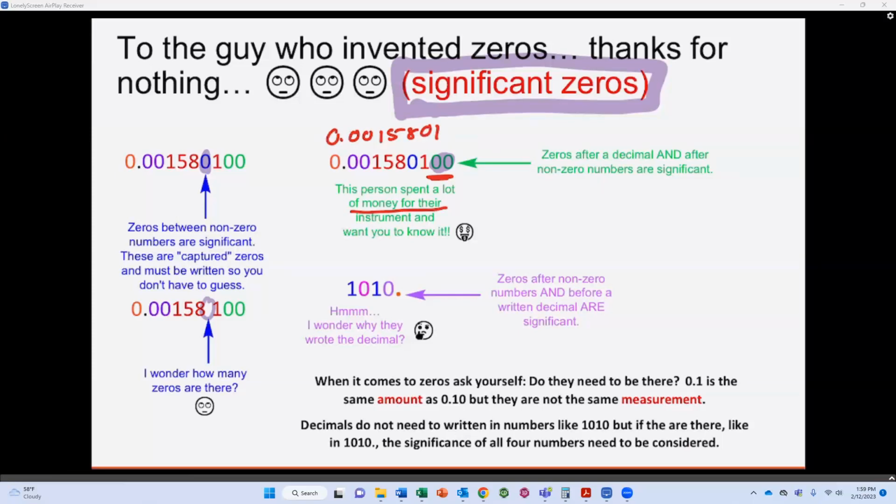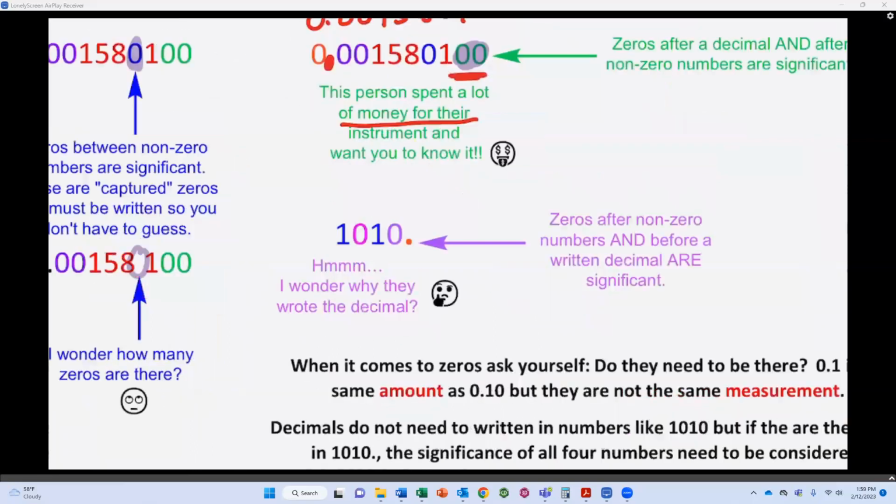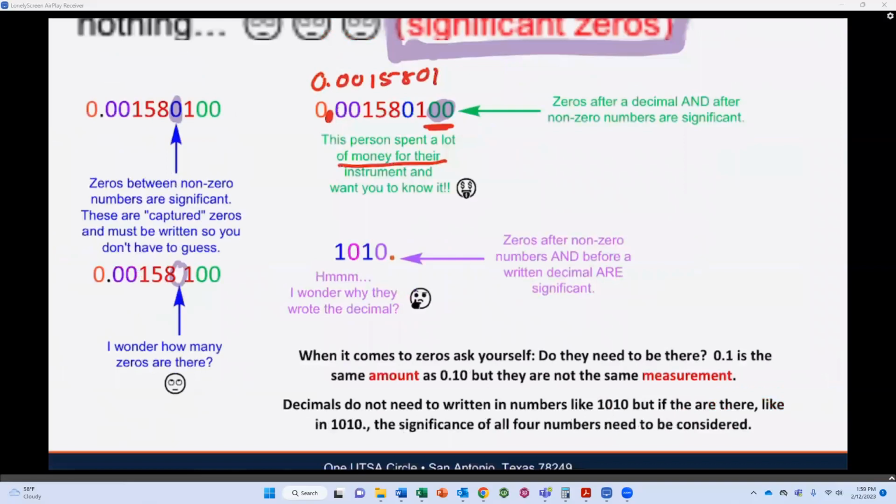Okay. And again, we talk about decimals. Decimals are kind of weird because sometimes we need them. Like we obviously need this decimal right here. But what about this decimal down there? I wonder why they put this decimal here. We don't need it because there is an implied decimal in this value as well.